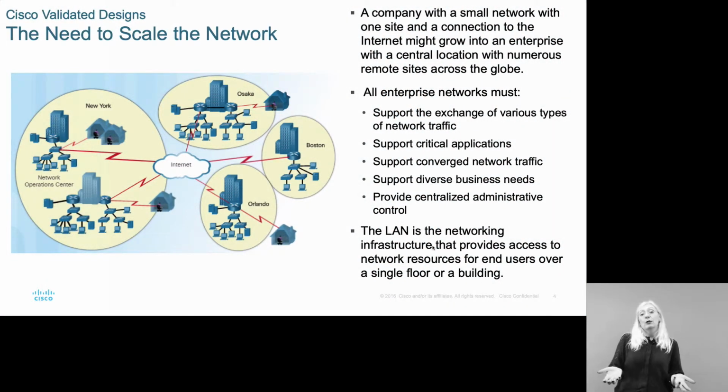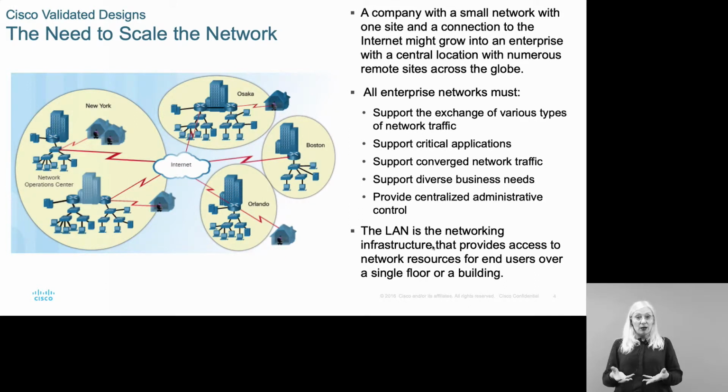Of course, what we also have to think about is that we would always like to be able to scale our networks. There might be some changes in the organization or in the company which require us to scale it either up or down. So the network should be able to scale. It should also be able to adapt to converged network traffic.